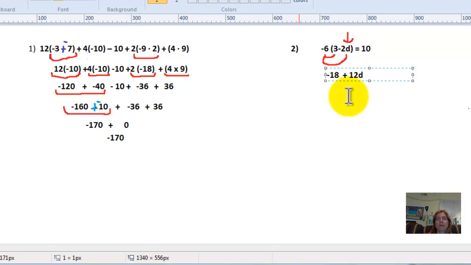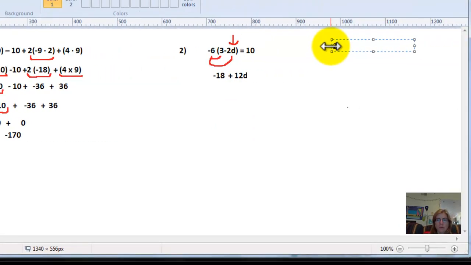Just like if you had 2, and we'll write it with parentheses, 2 times 4 times x. Doesn't matter when you multiply, you can't multiply x times really anything.